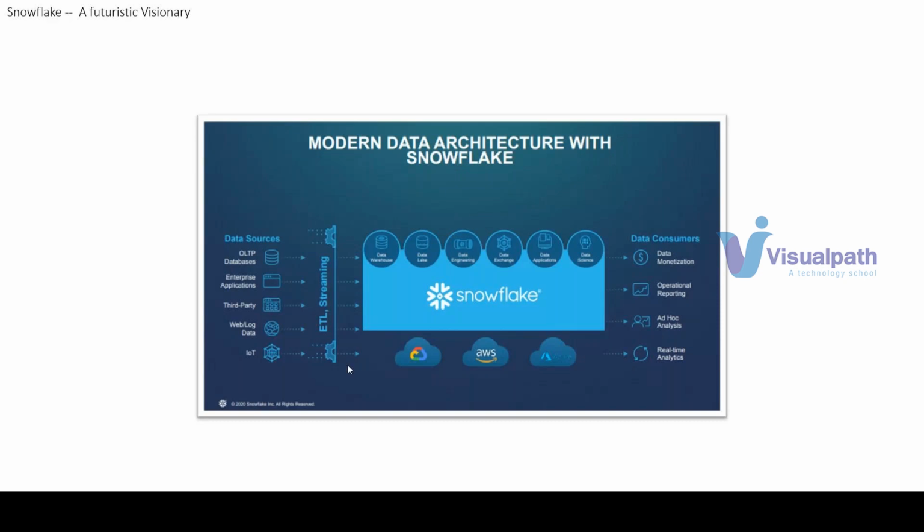And obviously Snowflake can exist on any of these clouds for doing all these different types of reporting and analytics. That's why Snowflake is a simplified, magical data warehouse.